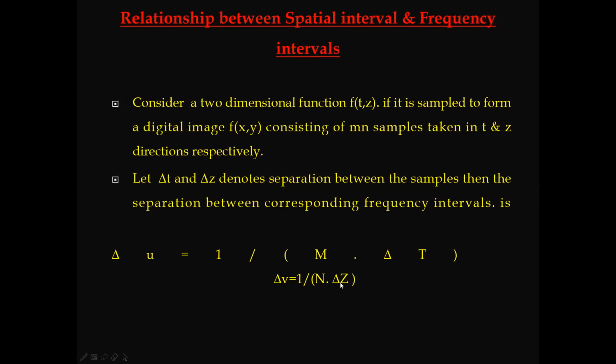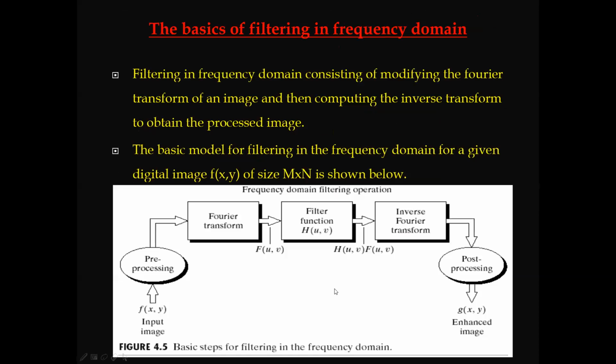Delta t is a spatial interval, delta z is a spatial interval, delta u and delta v are frequency intervals. So the relation between the frequency interval and spatial interval: frequency interval delta u equals 1 by capital M into delta t. Similarly, delta v equals 1 by capital N into delta z.